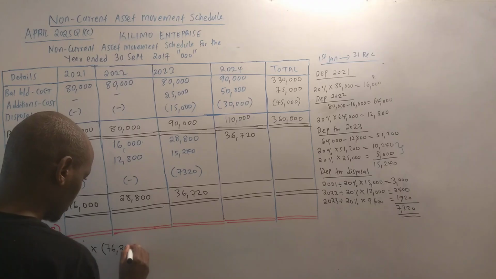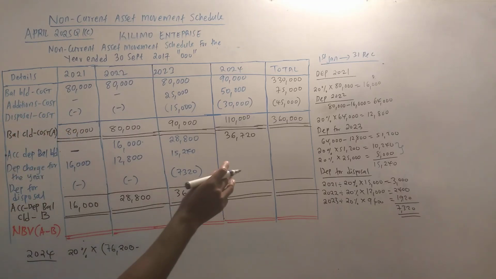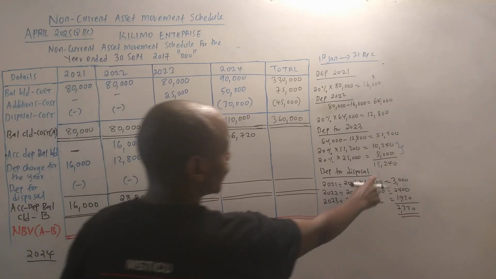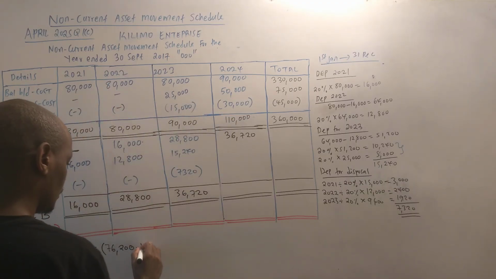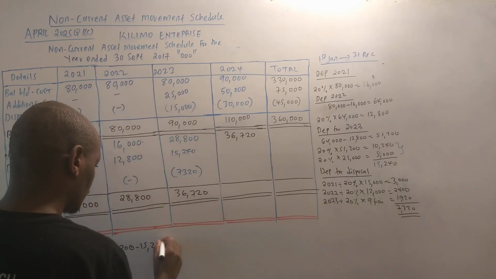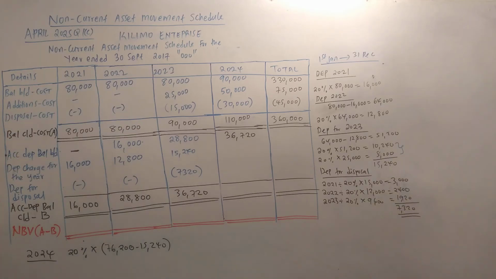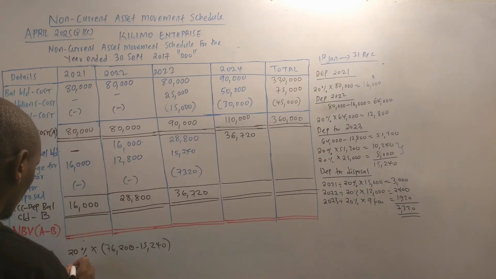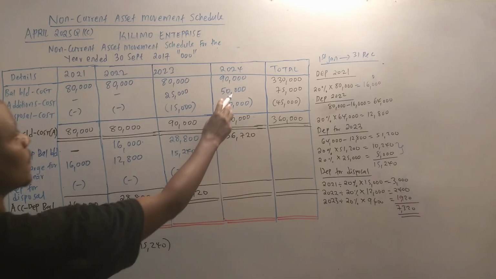76,200. Then you less the depreciation of 15,240. I think that will be fine. Do we have any other thing? Yes, we have another item. There was another acquisition in that year of 50,000.